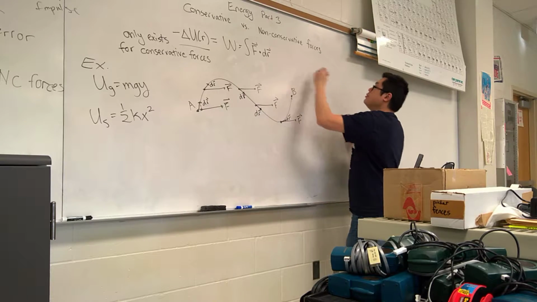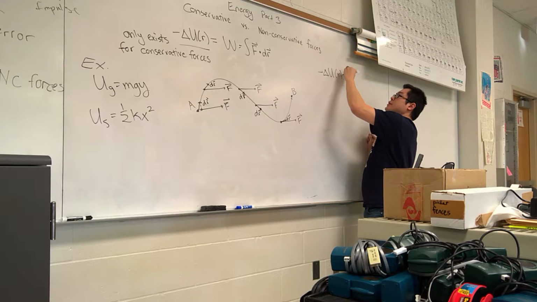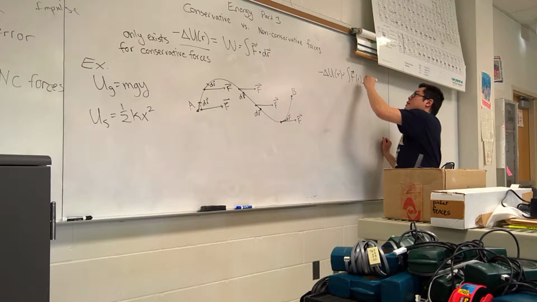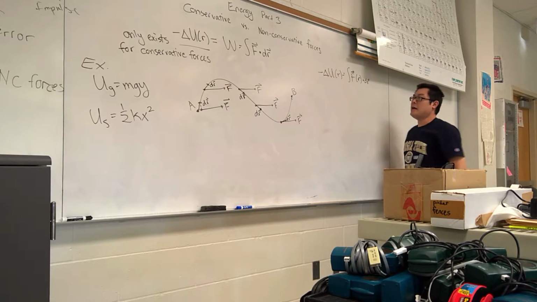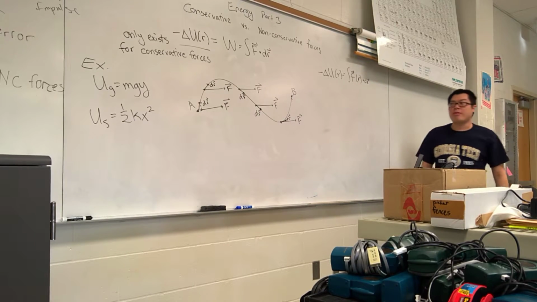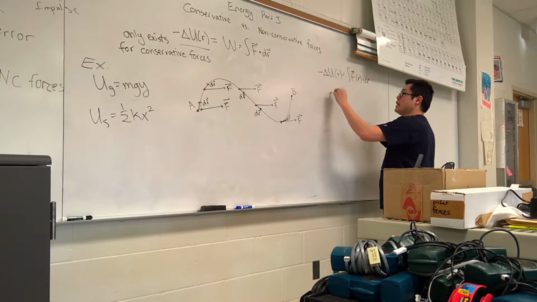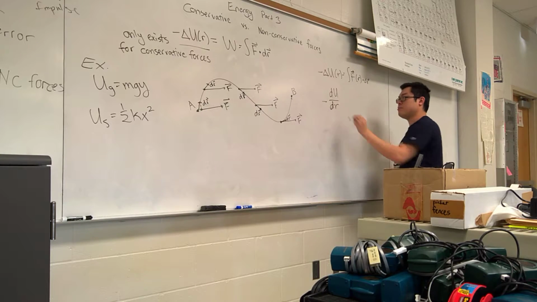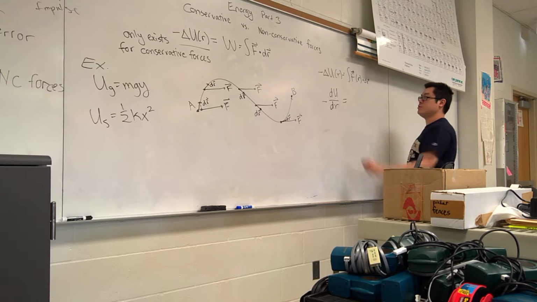If this is true, if there's this negative U, which is a function of radius, equal to F, which itself should be a function of position, right? That means that I should be able to do it the other way around. A change in potential energy over change in position should equal what?